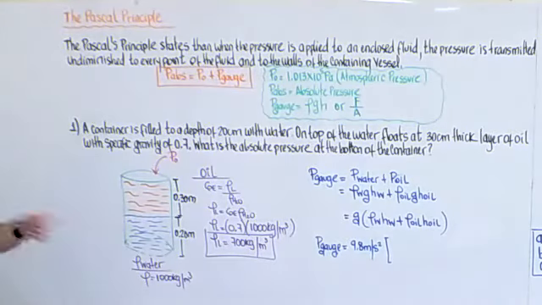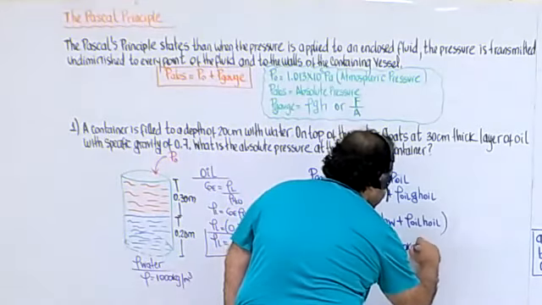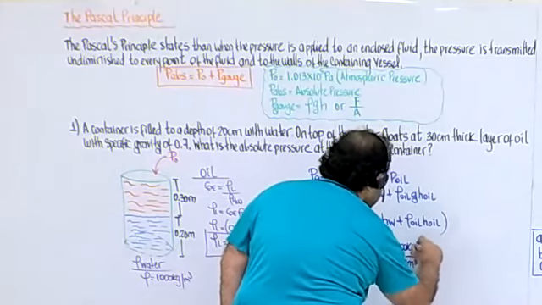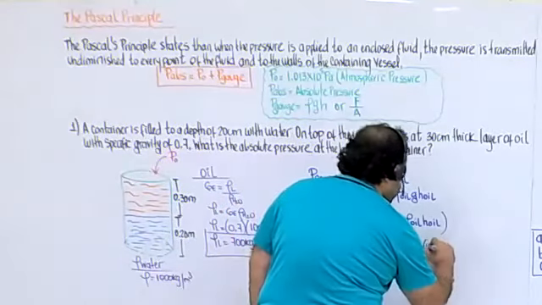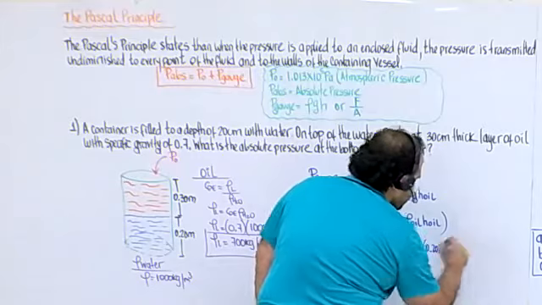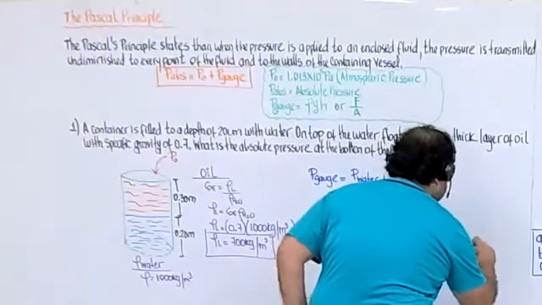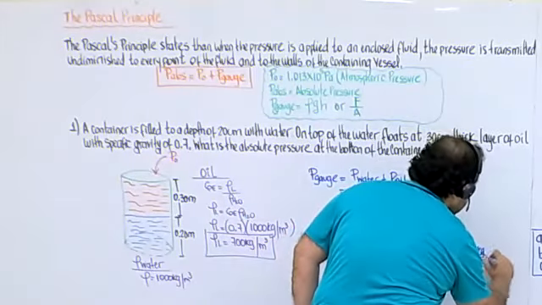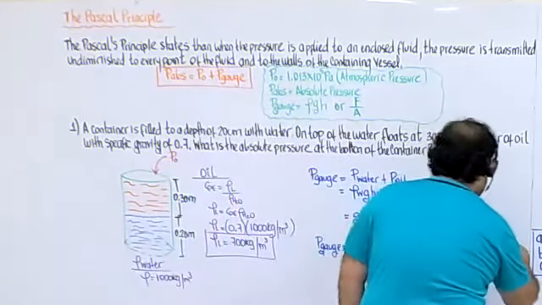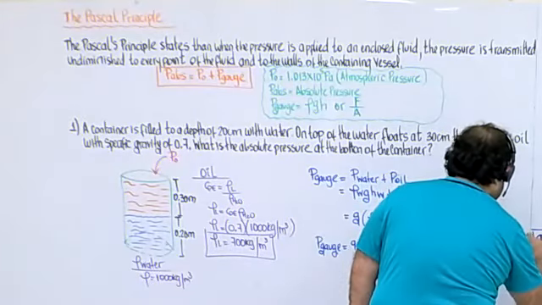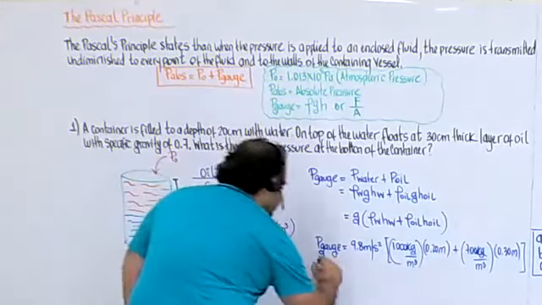Density of the water will be 1,000 kilograms per cubic meter multiplied by the depth of the water, 0.20 meters, plus density of oil, 700 kilograms per cubic meter, multiplied by the oil depth, 0.30 meters. Close parentheses, close brackets. And now we can solve for the gauge pressure.